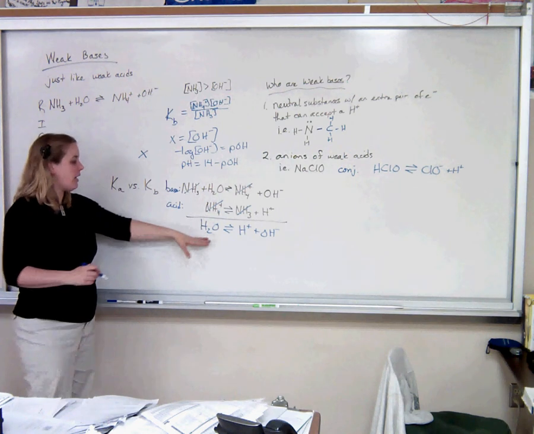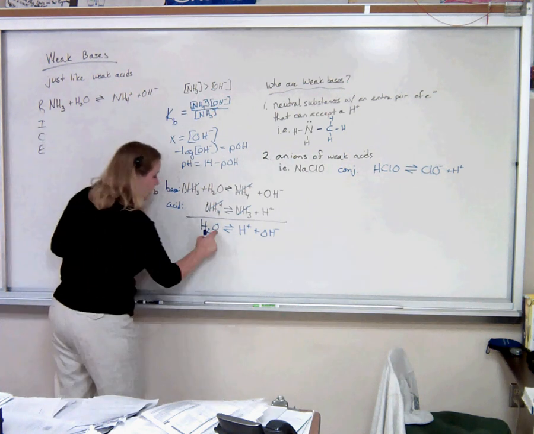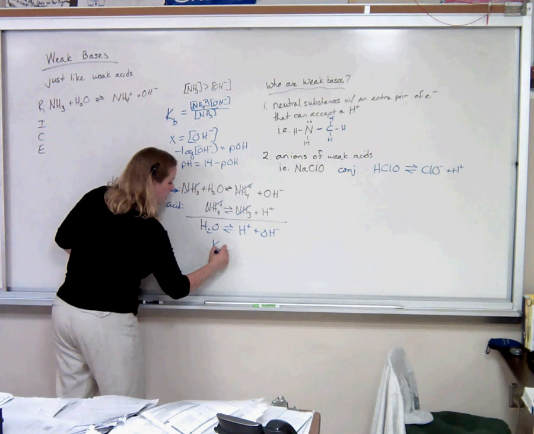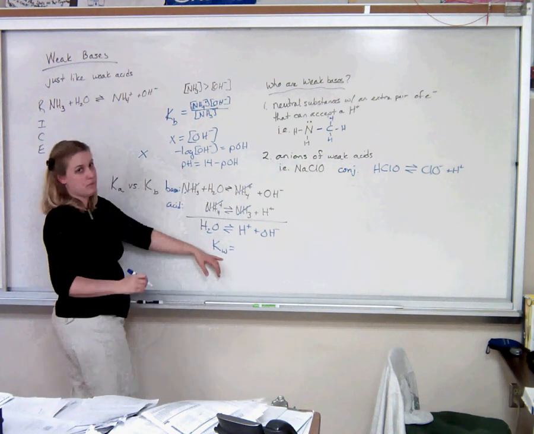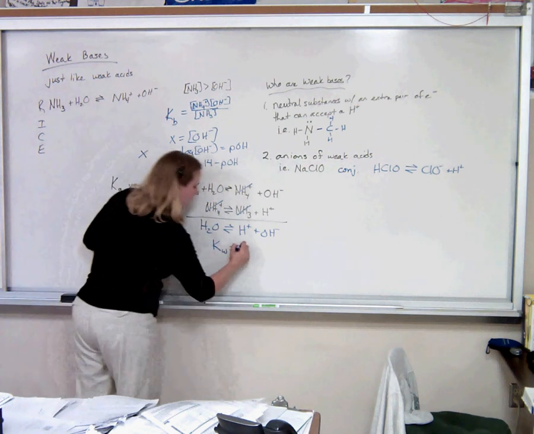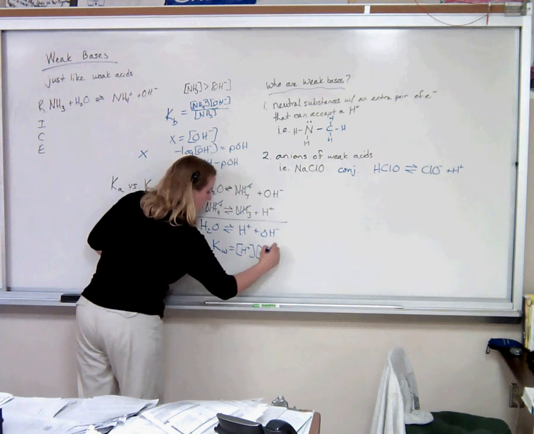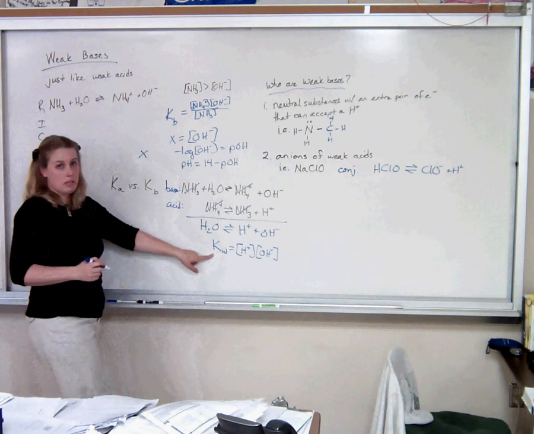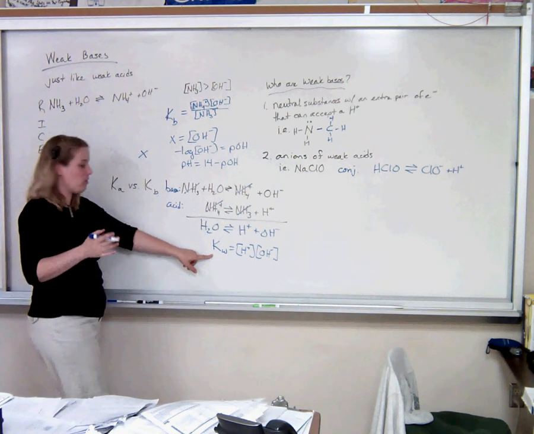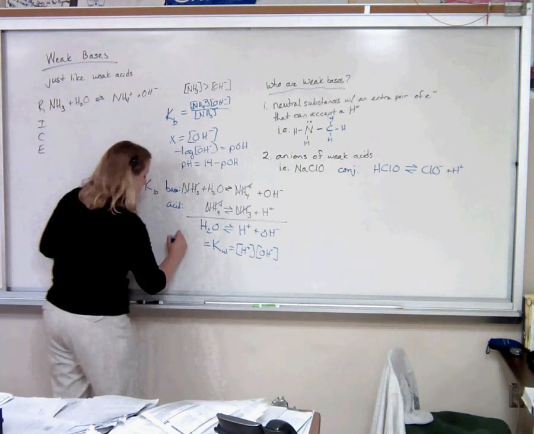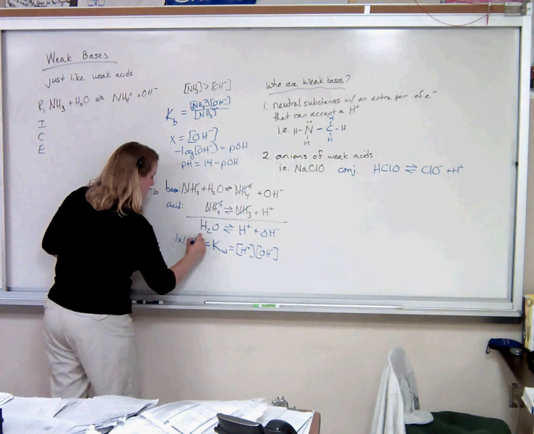Now, the ionization of water, this is a liquid. So if we were to write the Kw, water gets its own special one because water is special, that would be the concentration of hydrogen ion times the concentration of hydroxide ion. Kw is a constant, and you should know the number for this constant. It equals 1 times 10 to the negative 14.